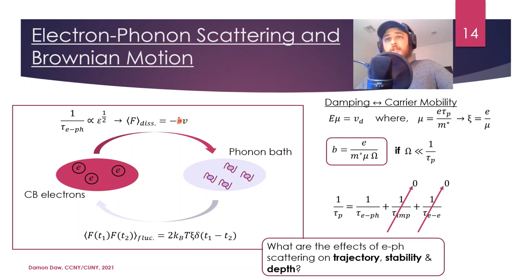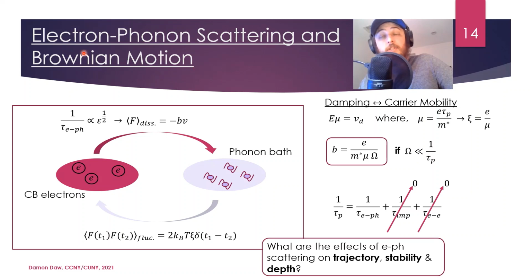The faster you move through the phonon bath, the more phonons you hit, and the more energy they end up taking from the electron. And then going the other way, there are statistical fluctuations in the phonon bath that can put energy back into the carriers. And this is exactly the type of picture that describes Brownian motion.